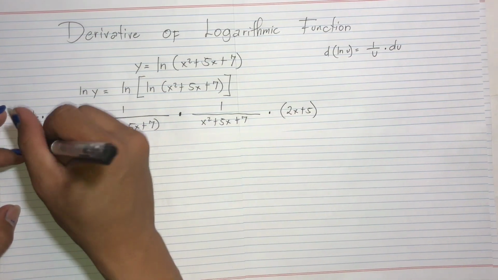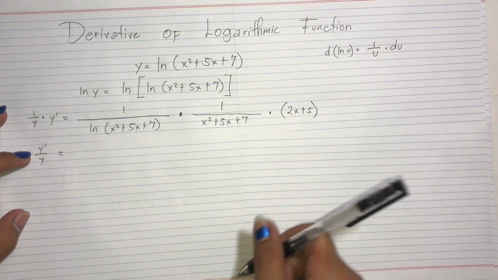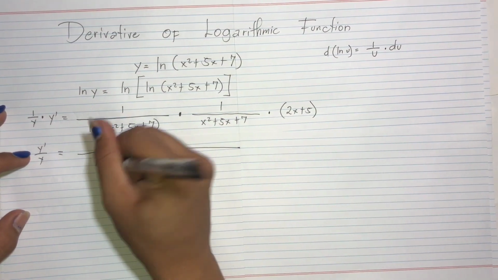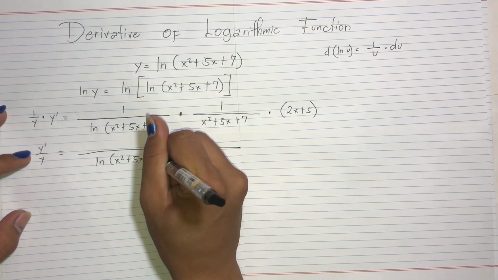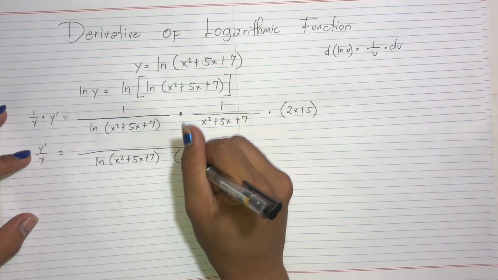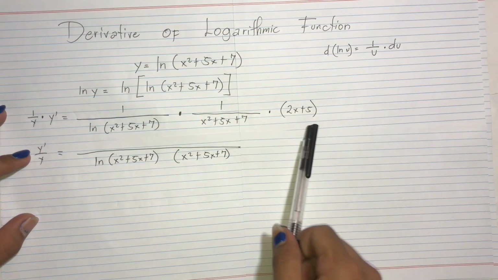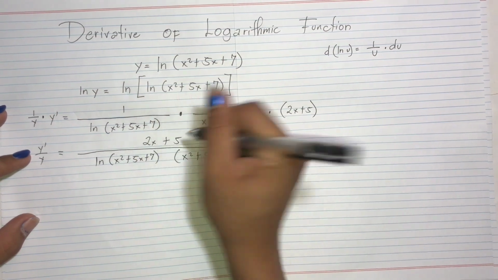Now y prime over y is equal to, multiplying the three, ln of x squared plus 5x plus 7 times x squared plus 5x plus 7 in the denominator. The numerator will be 2x plus 5.